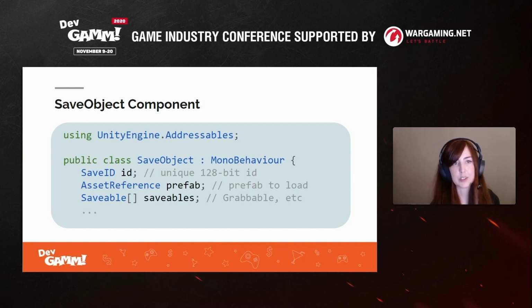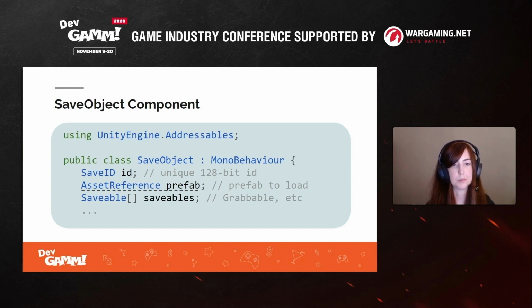As you can see, it has something called a save ID. This is a custom class that contains a unique ID that will be used to identify this instance in the save file. It also has an asset reference, like we just talked about.